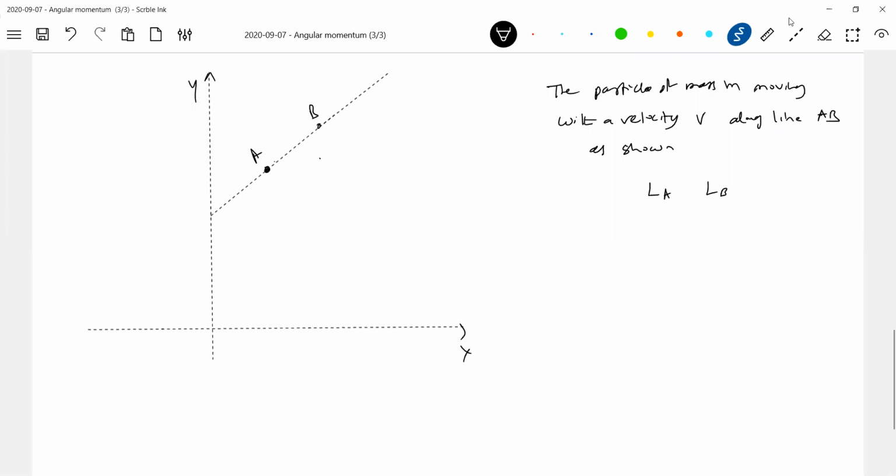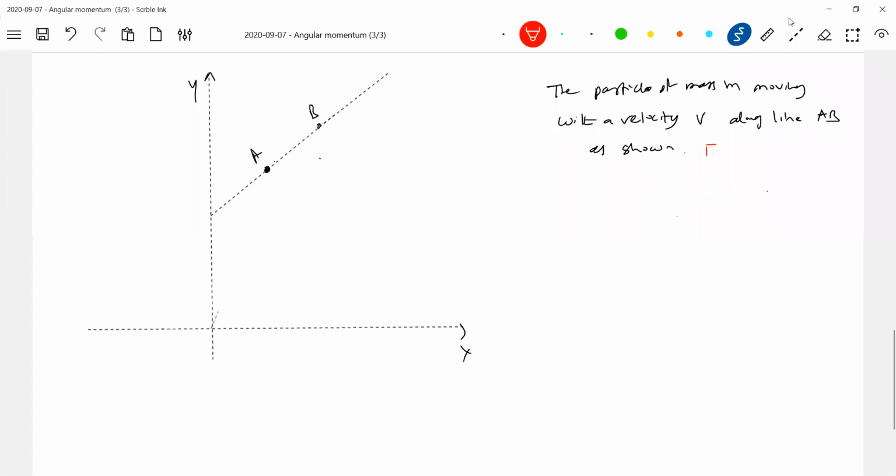Just now we have discussed the basic things, so apply that concept. I'll stick to the basic definition. Angular momentum LA and LB about what point? About the origin.